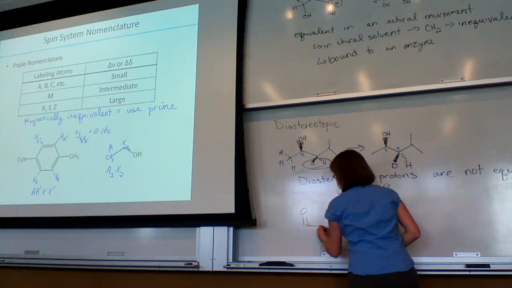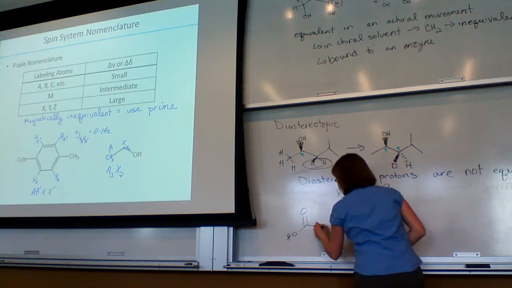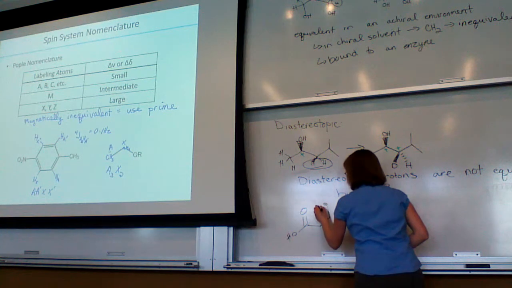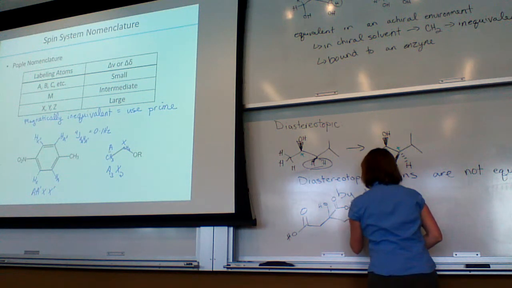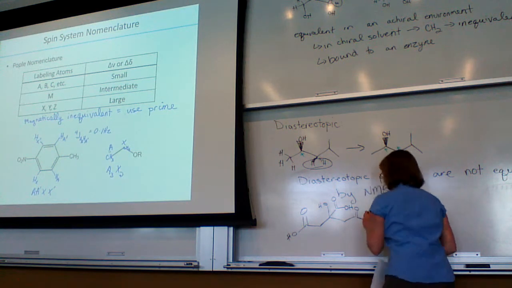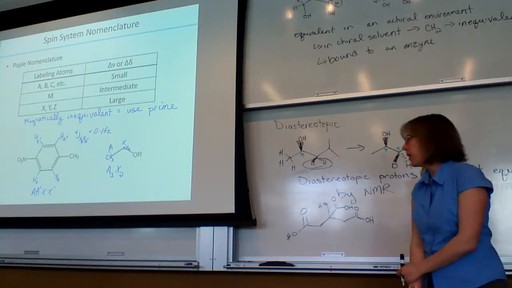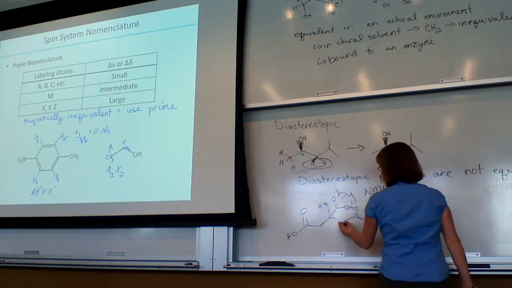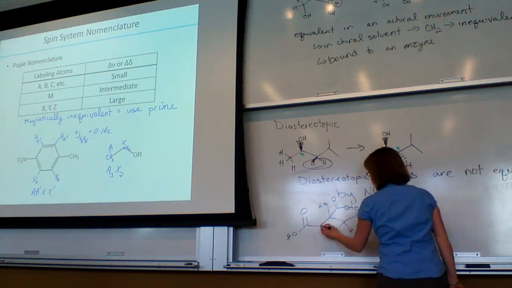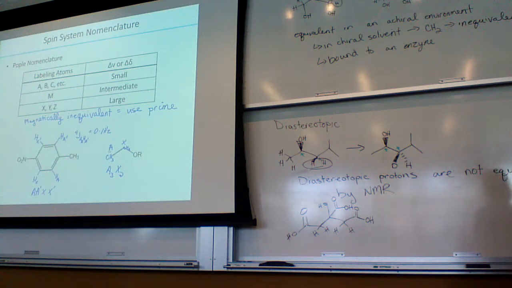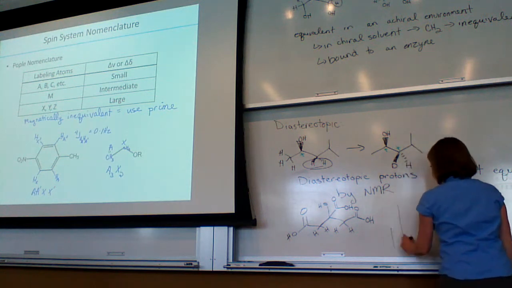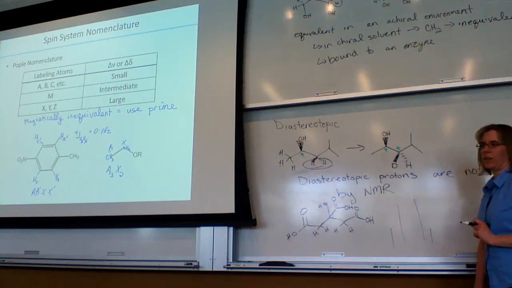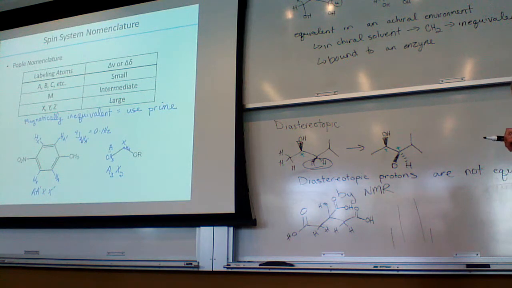I just handed back that lab, so there are lots of examples of this in the spectrum. Citric acid has two hydrogens that are actually not equivalent, and they couple to each other, so we see this kind of weird looking signal, even though you would expect just one signal.